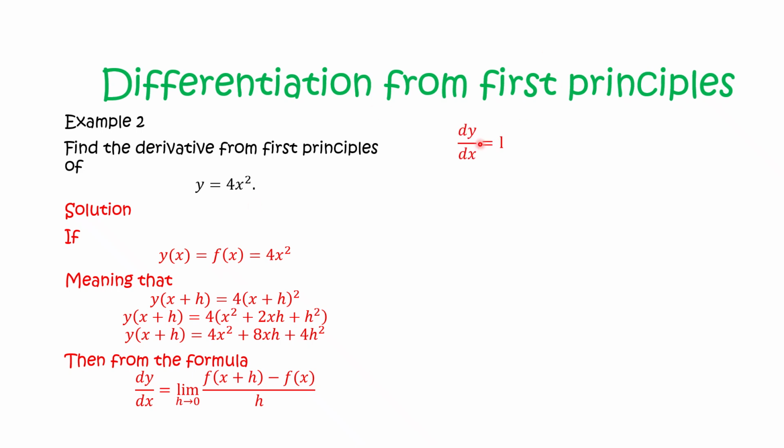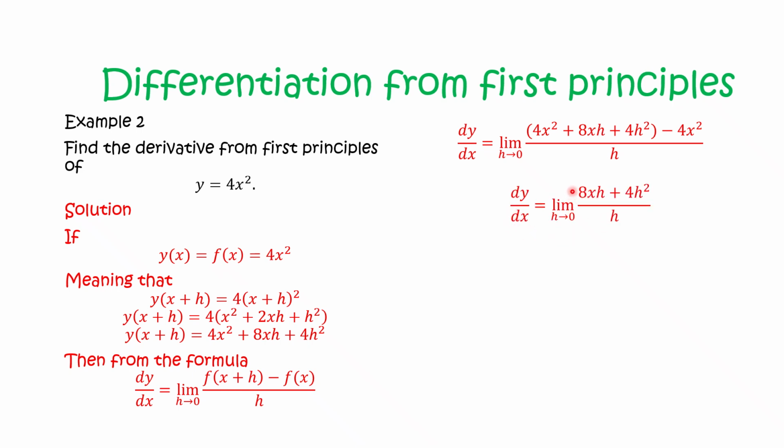Then we see that the 4x squared with the negative 4x squared will cancel out, so that we are left with limit as h approaches 0 of 8xh plus 4h squared over h, and we have a common factor h between the numerator and the denominator. So the h will cancel out, so that we are left with the limit as h approaches 0 of 8x plus 4h.